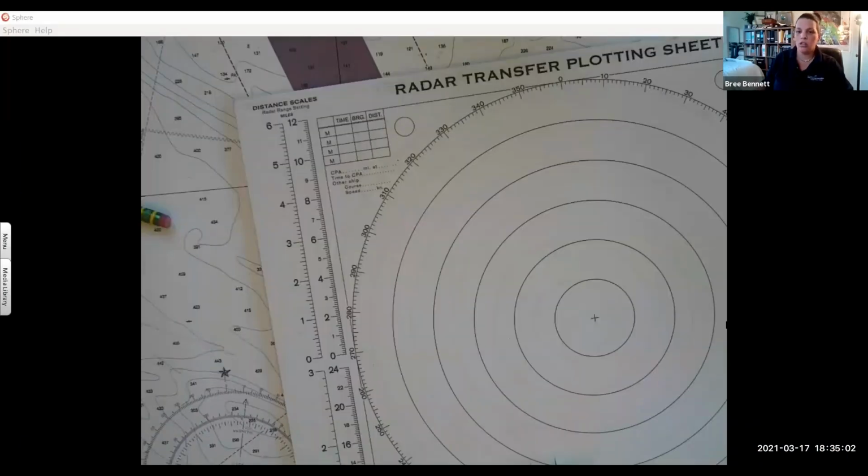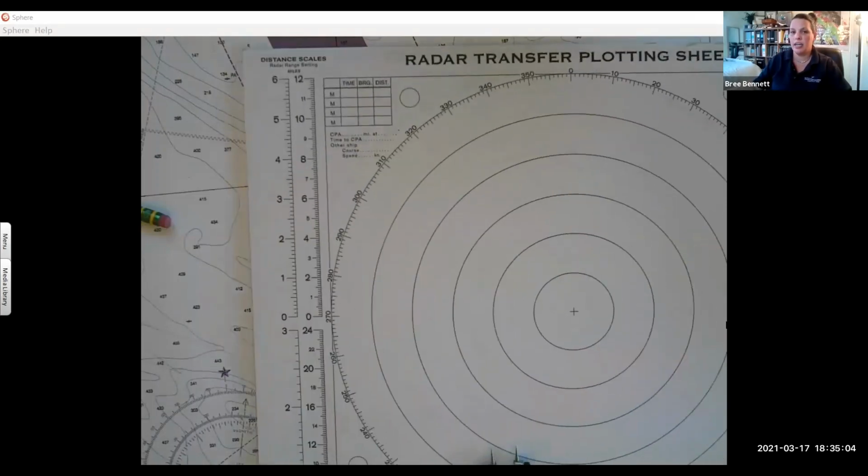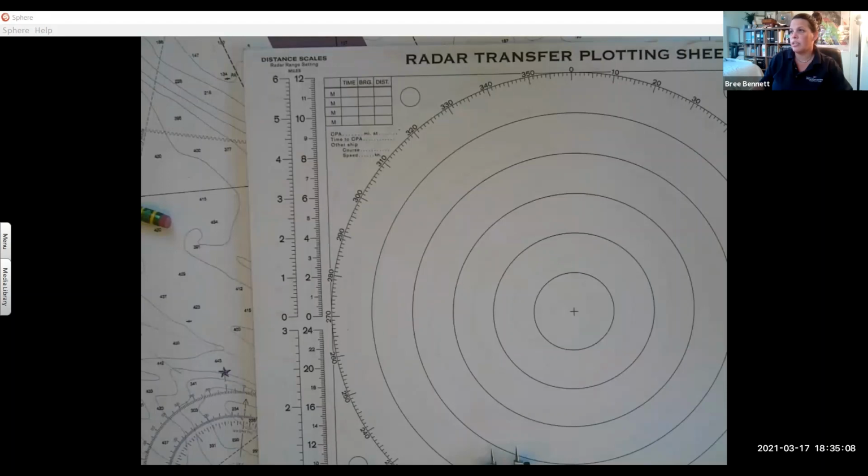So today, I'm going to share. Last week we worked on the radar plotting transfer sheets, and we're kind of done with those now. That was just our exercise of working that vector triangle, and seeing that each leg is individual.